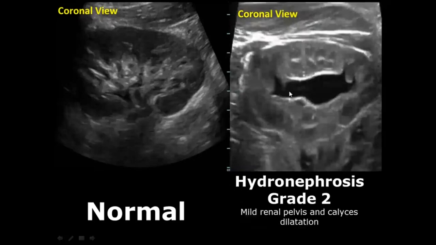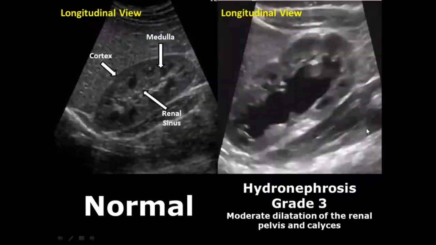In grade 2 hydronephrosis, both the renal pelvis and the renal calyces are dilated. In hydronephrosis grade 3, both the renal pelvis and calyces are dilated, but to a greater degree as compared to grade 2 hydronephrosis, and we can also see some cortical thinning.